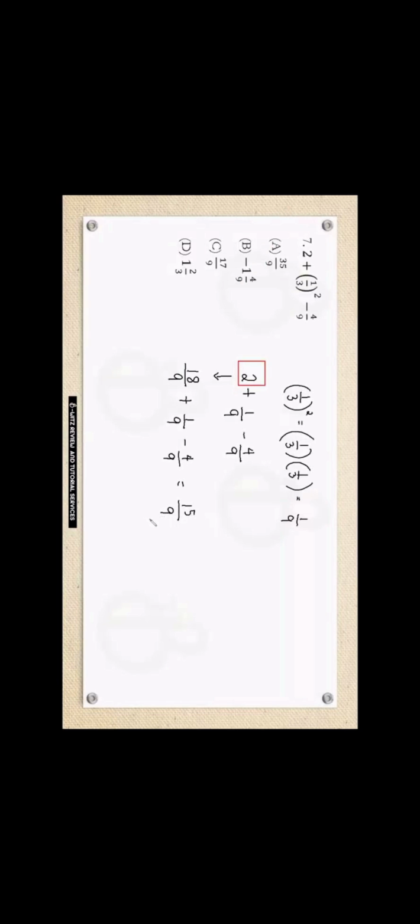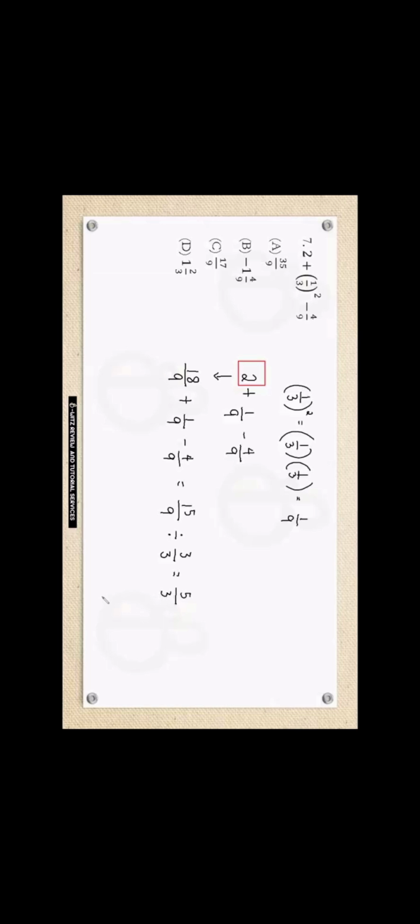Now take note that we can still simplify 15 over 9, since we can divide the numerator and the denominator by its GCF, or the greatest common factor, which is 3. Now dividing 15 by 3 will give us 5, and dividing 9 by 3 will give us 3.